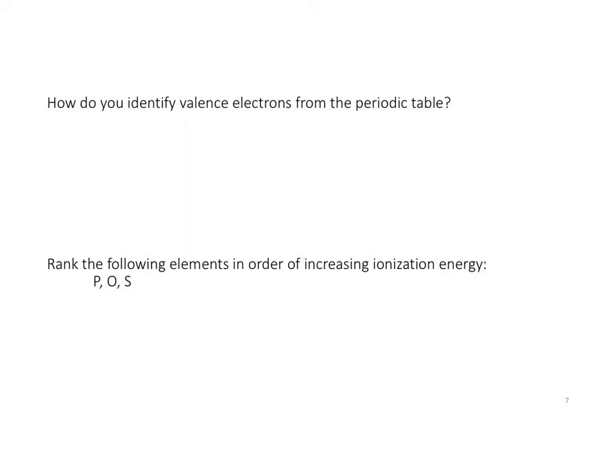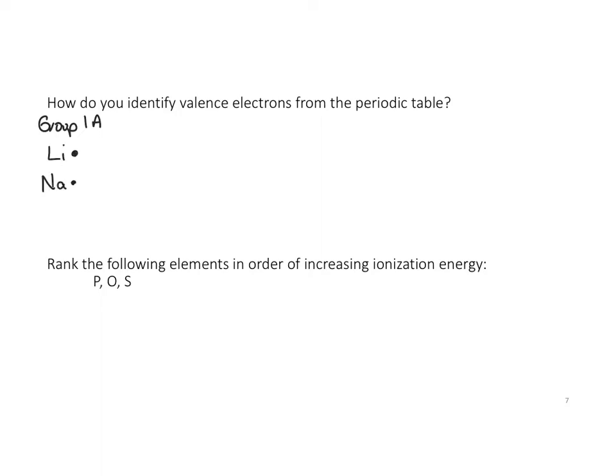How do you identify valence electrons from the periodic table? Okay, well, hopefully by now you've been doing this for your compound naming. So when you look at the periodic table, group 1A has 1 valence electron. Lithium has 1.